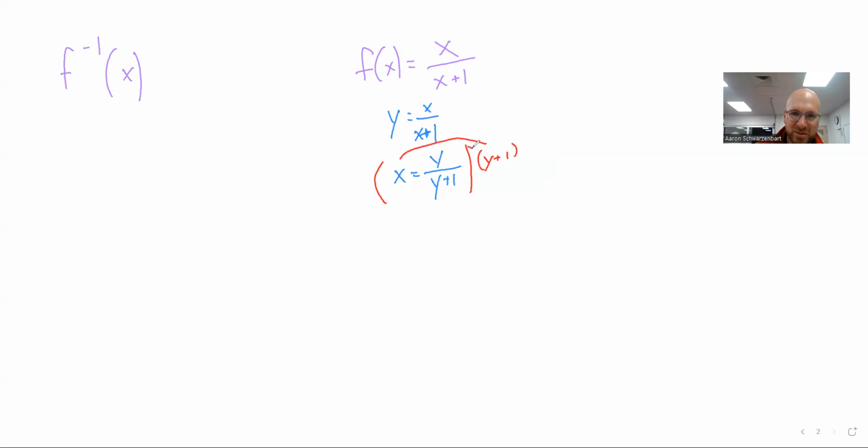And that means I'm going to distribute it to both sides, giving me x times y plus 1 equals y times y plus 1 over y plus 1, which just cancels the y plus 1s. I'm going to go ahead and distribute.